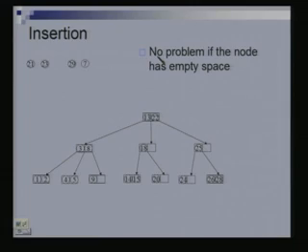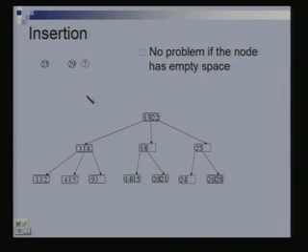Insertion. As you can imagine, this is going to be essentially a repetition of what we did for the 2-4 trees, with small modifications. I am trying to insert, let us say, the key 21. It is a multi-way search tree, so I will find the position where this has to go. 21 is between 13 and 22, come down, more than 18, go right, and it can fit into that node.